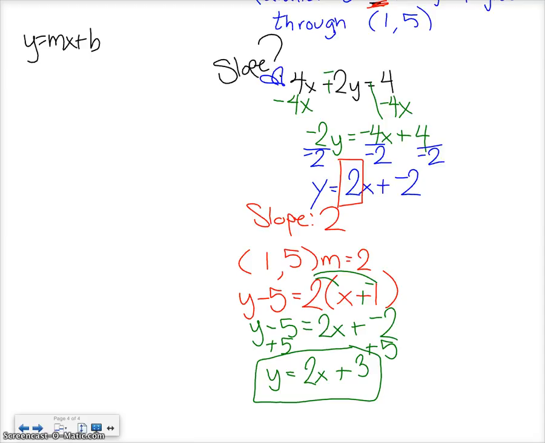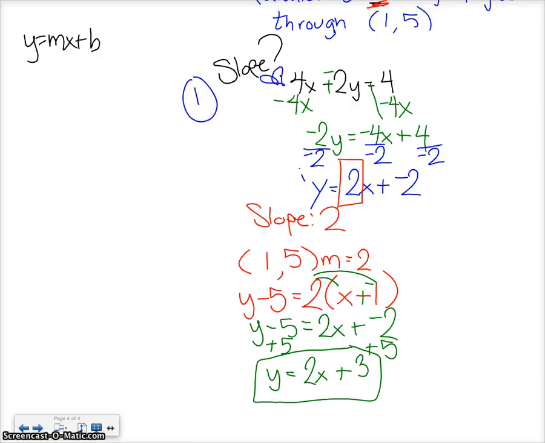Notice that the initial equation was actually in standard form. But in order to create parallel lines, we have to know slope. So you have to convert it from standard form to slope-intercept form. Again, first thing I said, do I have my slope? I noticed that y wasn't alone, so I had to go through, get y alone.